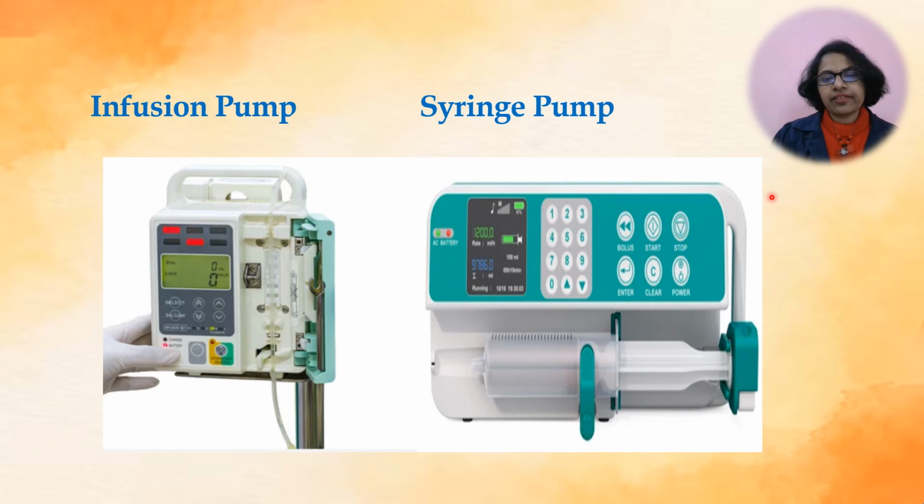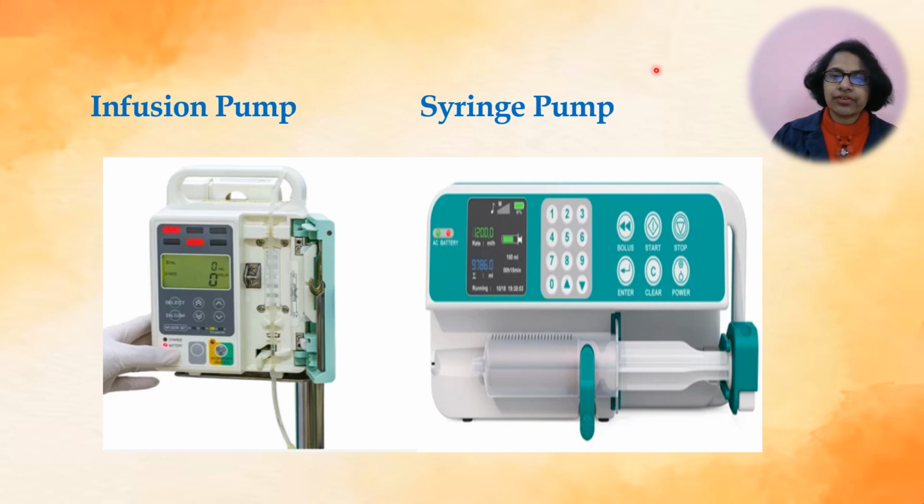So how can we deliver the insulin to the patient? Injections can be given subcutaneously. Sometimes, when the patient requires insulin therapy for a longer period in the ICU setting or in hospital management, we may use the infusion pump. If we require a large quantity, we may use the infusion pump, like a drip method.